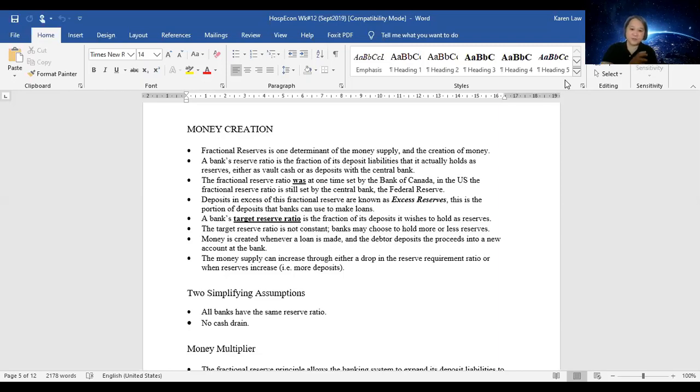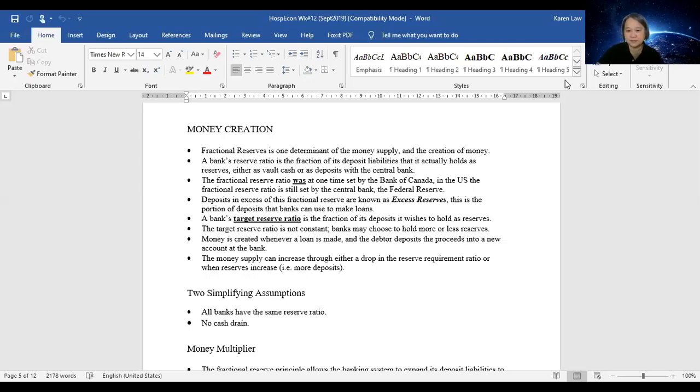The amount of money that the bank chooses to hold back is called the bank's target reserve ratio. That is the percentage of every dollar deposited that the charter banks would like to hold to meet the day-to-day withdrawals of their customers. The rest, known as the excess reserve, is the amount that the banks can lend out.